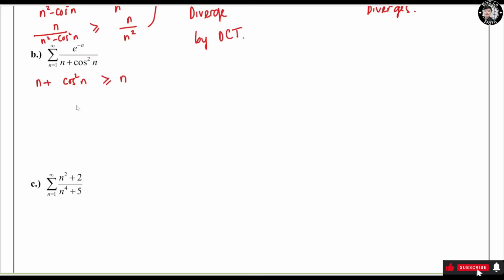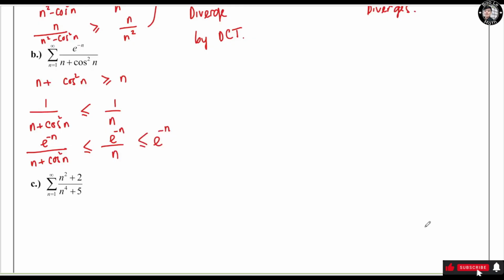Now, I'm going to take the reciprocal of both sides. So I have 1 over n plus cosine square of n less than or equal to 1 over n, right? Now I'm going to multiply both sides by e to the negative n. So I have this guy always less than or equal to e to the negative n, right?